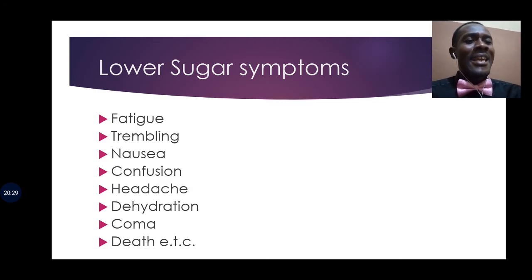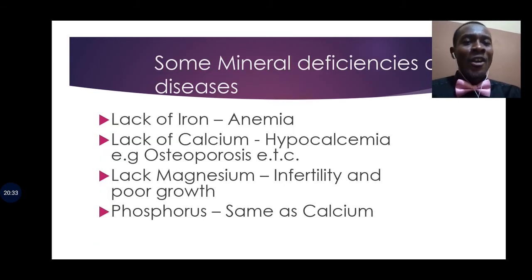Quickly, let's take a look at some other mineral deficiencies that can occur in the body. In a nutshell, lack of iron in the human body can cause what is called anemia. Anemia is lack of sufficient blood, and what is lacking in the blood is the red blood cells.